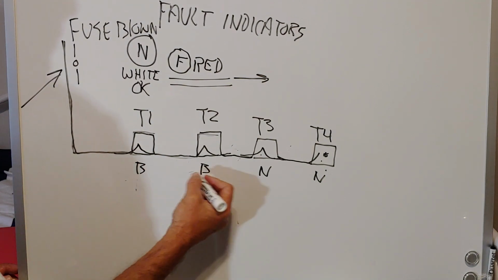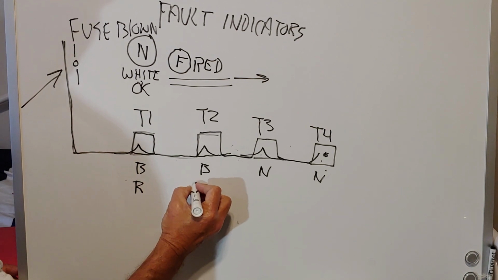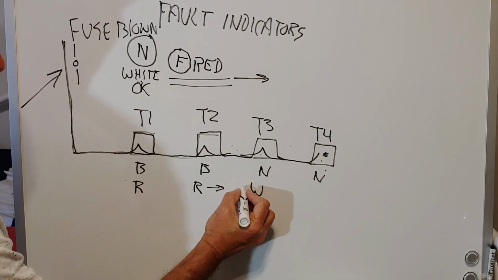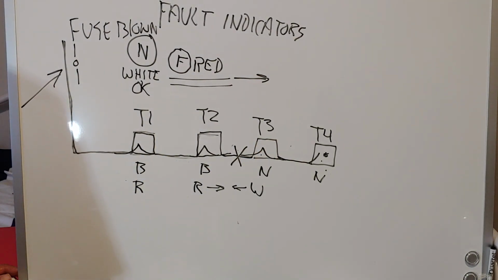You can just transfer this over to red and white. Red, red, white. Our fault is beyond here, but before here, it's in this span somewhere.